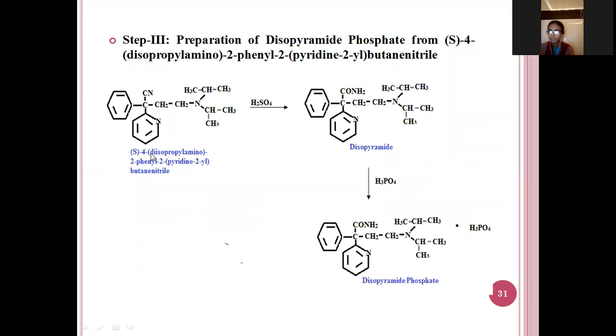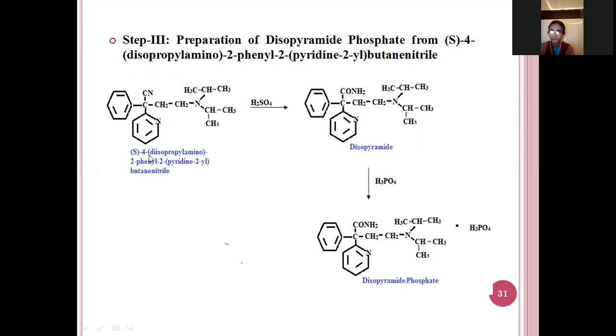That is 4-diisopropyl amino 2-phenyl 2-pyridine 2-yl butanitrile, in presence of sulfuric acid, to get diisopyramide. In presence of phosphoric acid, we will get the diisopyramide phosphate.